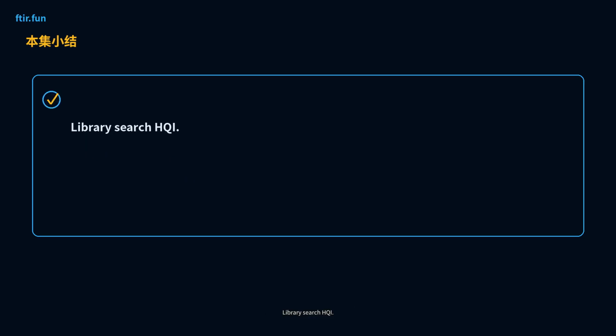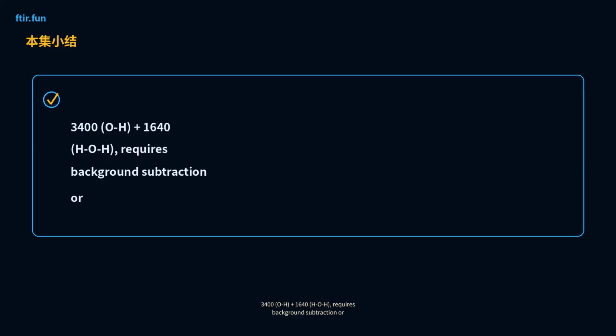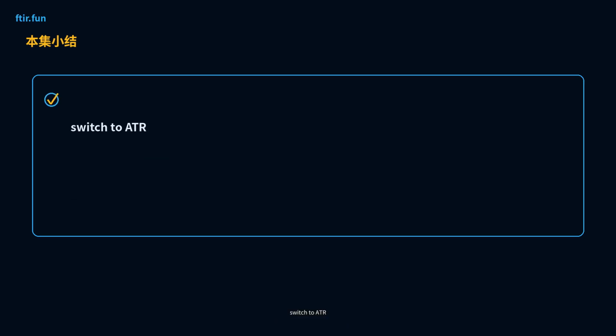Library search hit quality: a Pearson correlation above 0.95 is generally confirmable, but requires manual verification. KBr water interference: 3,400 O-H plus 1,640 H-O-H requires background subtraction or switching to ATR.